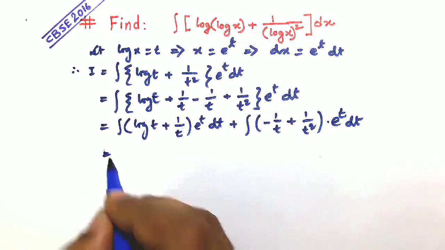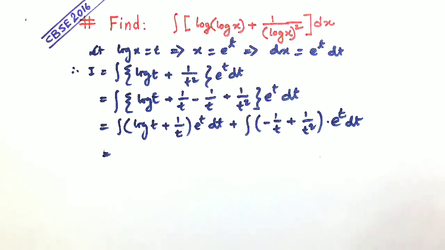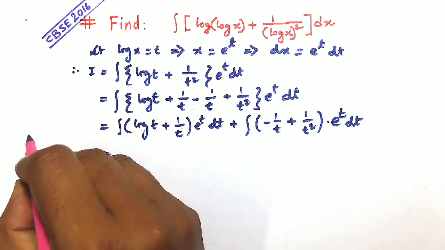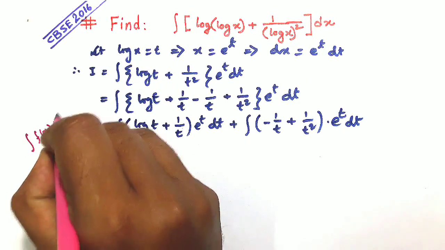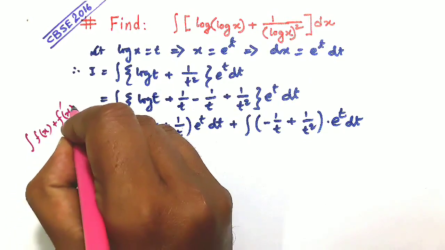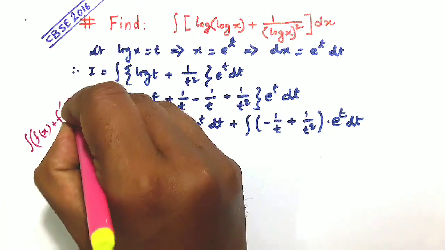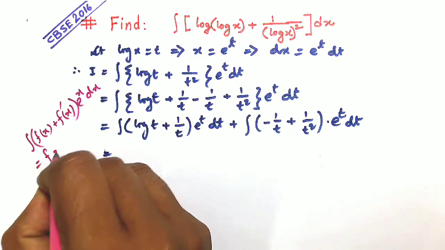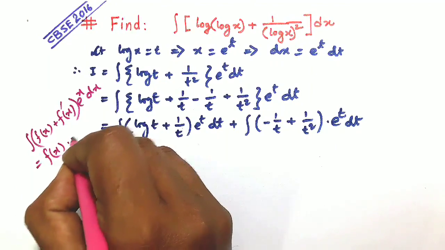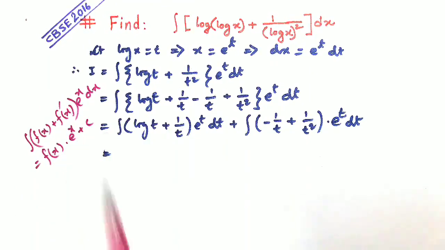So friends, we have one formula, and the formula is very important in integration. The formula is this one: integration of [f(x) plus f dash x] into e to the power x dx is equal to f of x into e to the power x plus c.